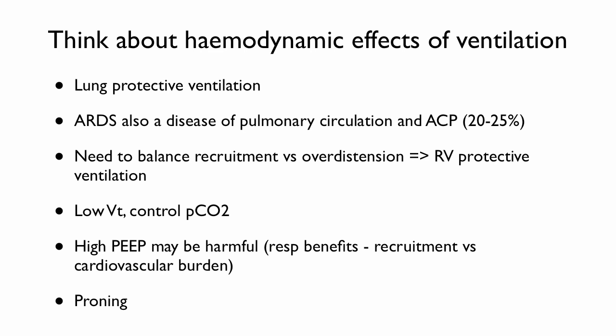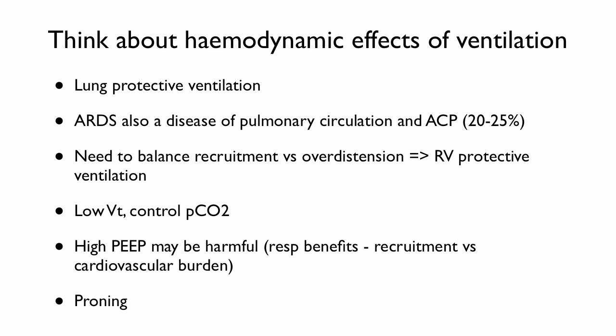For the lungs, we often want recruitment, we want high pressures to improve oxygenation, but just remember that the increased pressures in the chest are making it harder for the right ventricle. So there is this emerging concept of right ventricle protective ventilation, which is slightly different from lung protective ventilation. Again, you're going to have low tidal volumes. We'll talk about the PEEP in a moment.